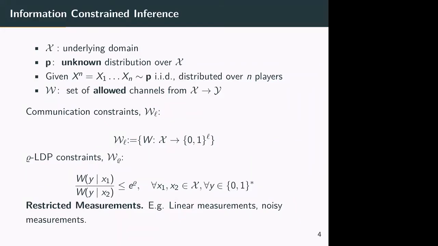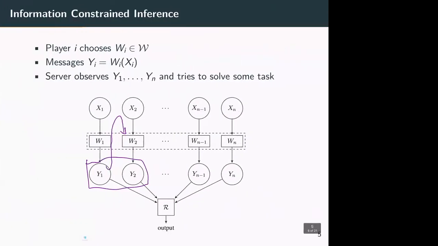I apologize for using rho instead of epsilon, as epsilon was already taken. To be the set of channels for which the following constraint is obeyed. So for any output Y, you are unable to know whether it was x1 or x2 that produced it. Okay? And that's the LDP constraint that we have. You can model many more channels by this abstract notion.